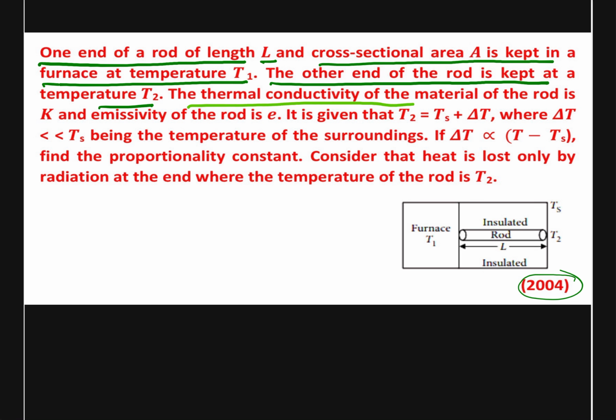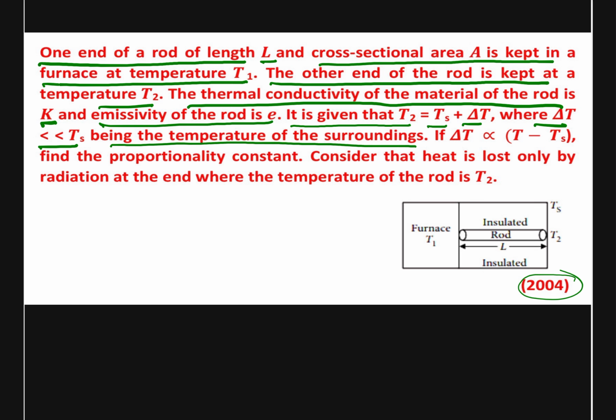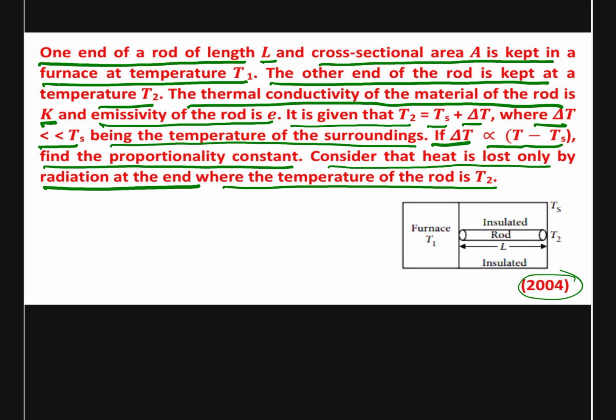The thermal conductivity of the material of the rod is K and emissivity is E. It is given that T2 is equal to Ts plus delta T, where delta T is much smaller than Ts, Ts being the temperature of the surrounding. If delta T is proportional to T1 minus Ts, find the proportionality constant. Consider the heat is lost only by radiation at the end where the temperature of the rod is T2.